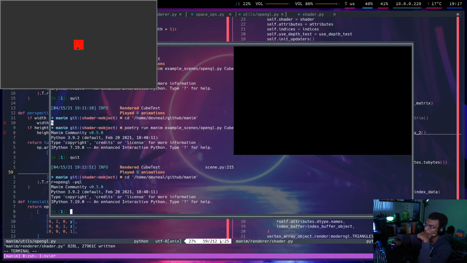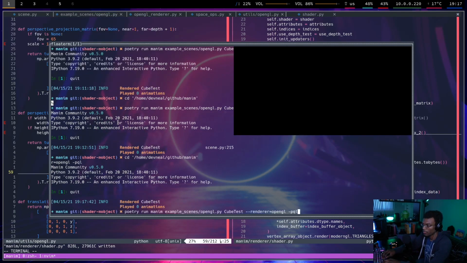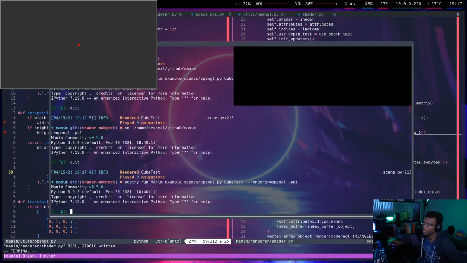Well, it is a square. It's just super far away and distorted. That's interesting. Why would that happen? Maybe I could just tweak these. Because it is doing what it's supposed to do. The square appears as a square now.